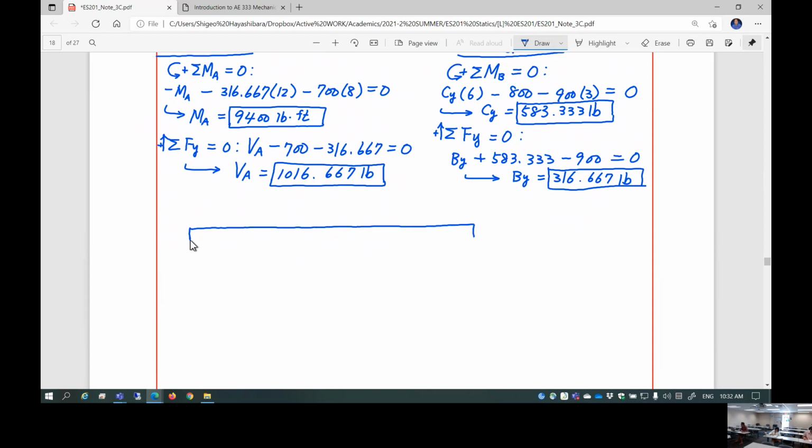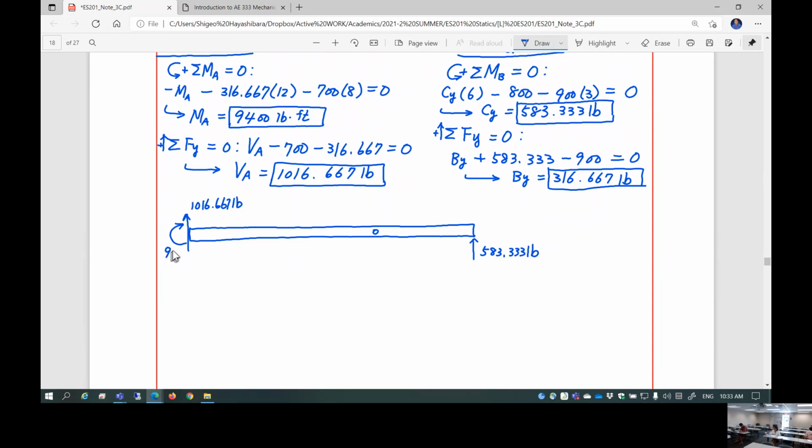So now I'm going to assemble here, and you have support reaction, which we found out 583.333 pounds right here. And then we know shear reaction, which is 1,016.667 pounds.